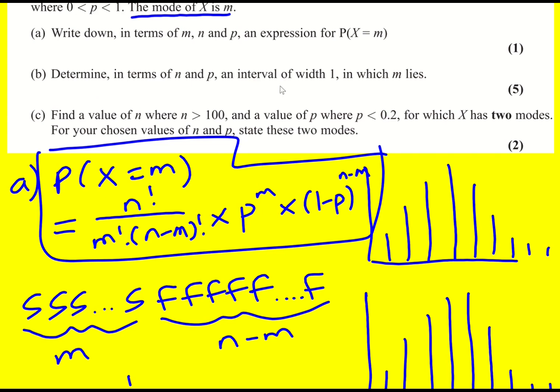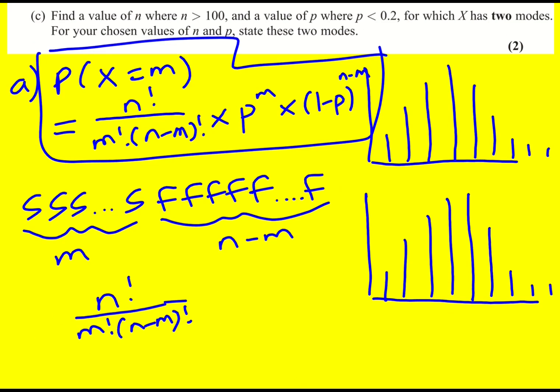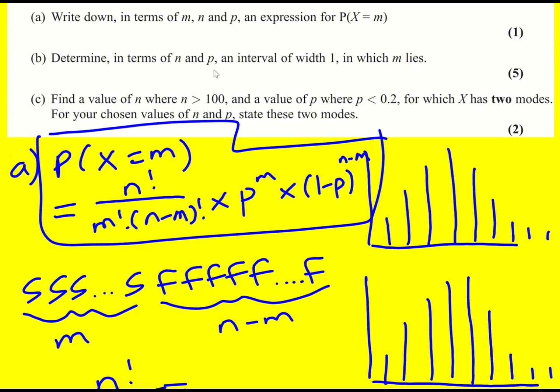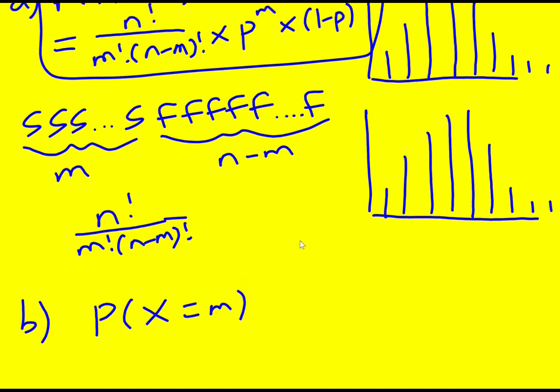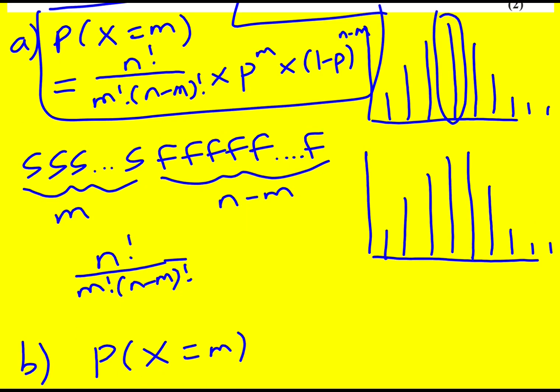Okay. B, this is the hardest bit of the question by far, but C relies on it. So it says, determine in terms of n and p an interval of width 1 in which m lies. And this is what you have to do. You have to think about the fact that the probability that x is equal to m, let's say it's this one here, is going to be greater than the one after it.